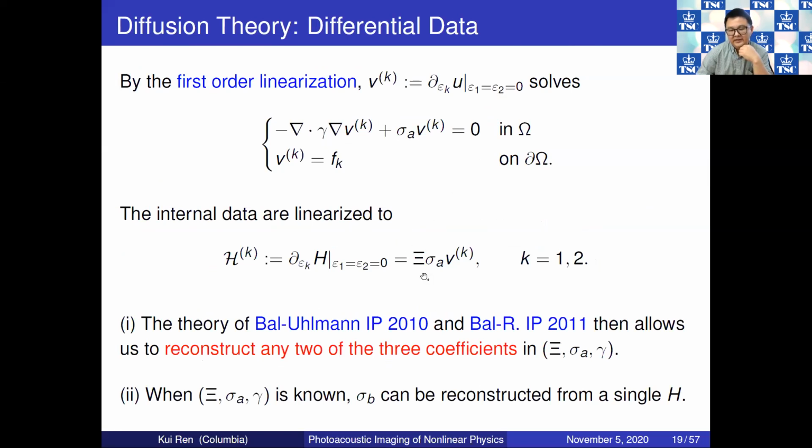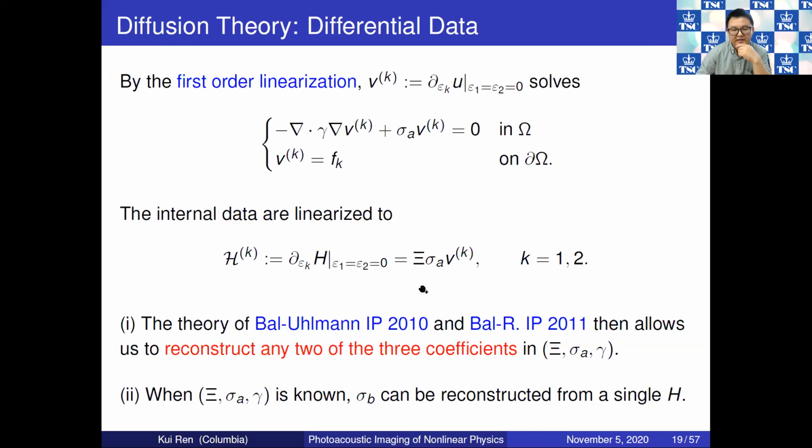And the data is changed into also the classical case where you have chi times sigma A times V, the solution, okay? So this is the classical problem that was first solved by Bal and Uhlmann in the case where you don't include this chi here.